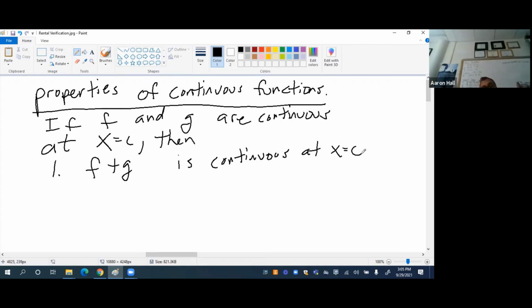If f and g are both continuous at c, then f plus g will also be continuous at c.